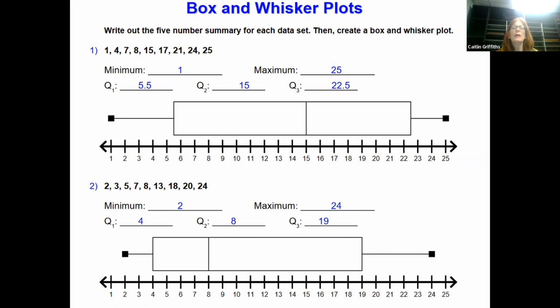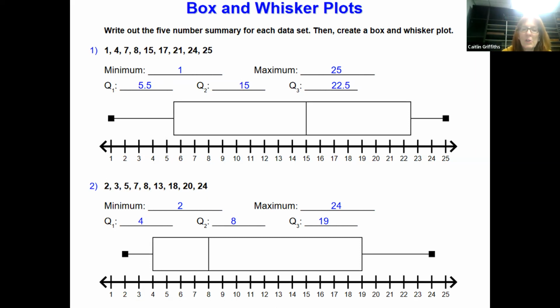It would show that his box of data centers a little bit lower or a little bit higher, and it would let the coach know how likely he is to score 10 points. In that case, he was likely to score between 10 and 20 points during a game. So then the coach could look at that and determine if he wanted to have him get in the game or sit on the bench.